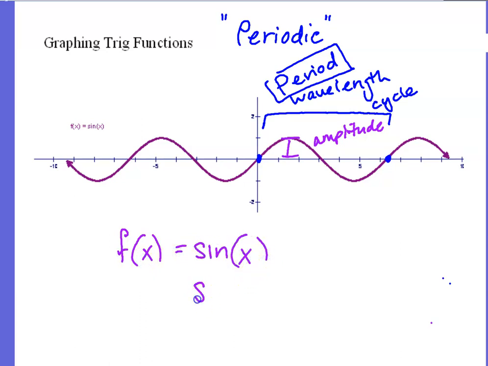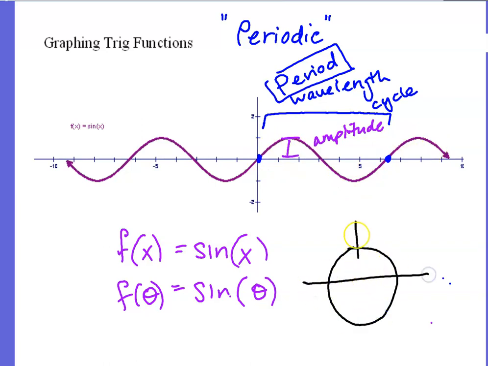Now I know this has an x, but technically that x is an angle. So if you want to think of it as this instead, you could. So remember, we're plugging in angles and we're getting outputs. If you're trying to figure out how this graph is graphed, you can think of it like this. The sine gives you the y value on the unit circle, right? So like if I go over here to 0 radians, my y value is 0.